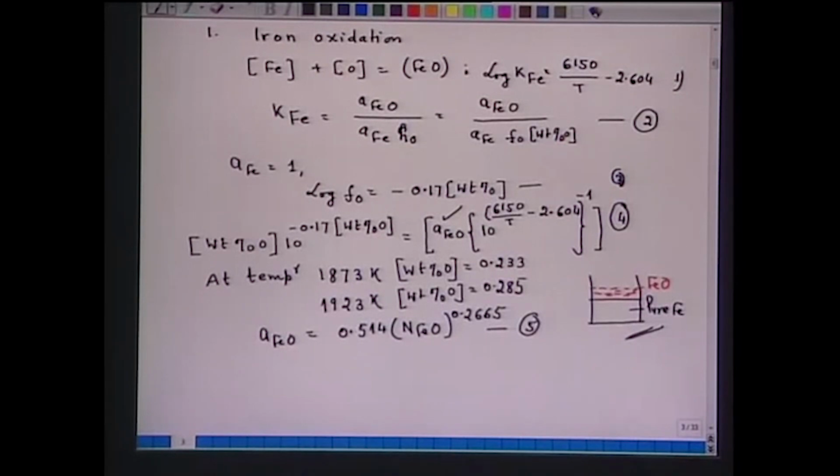Now, there we said that as gamma FeO decreases, due to increase in basicity, due to increase in the ratio of percentage CaO upon percentage SiO2, the activity of FeO increases.